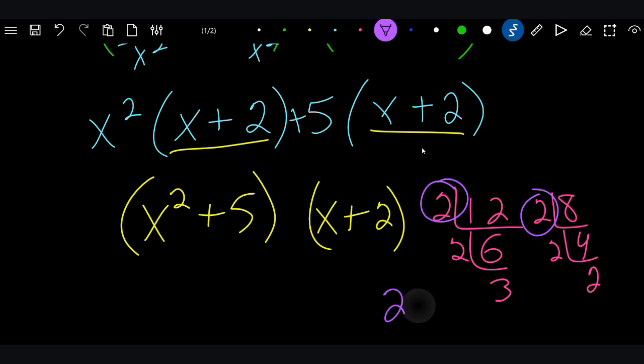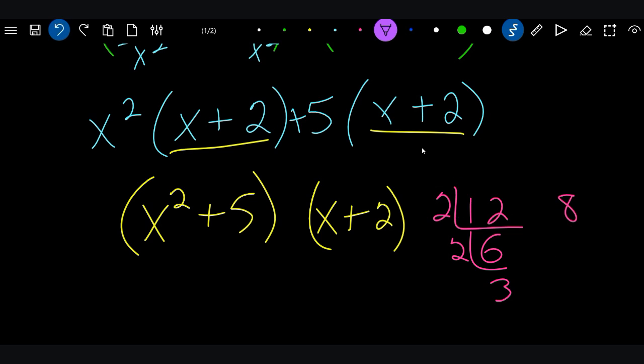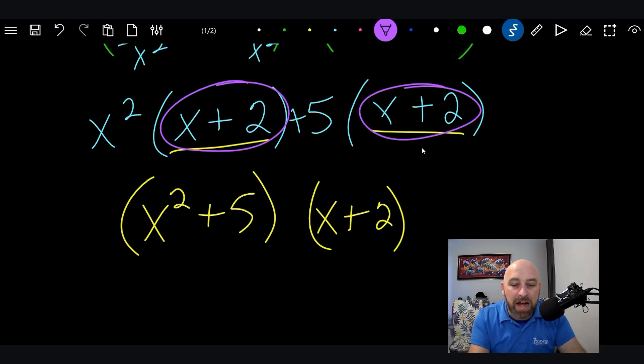So it would be 2 times, and now I have another common 2, so I take another one. Well, the same thing is happening right here. I have a common x plus 2. So only one of those goes into my answer. When you have a common factor, you only pull out one of those for your answer.